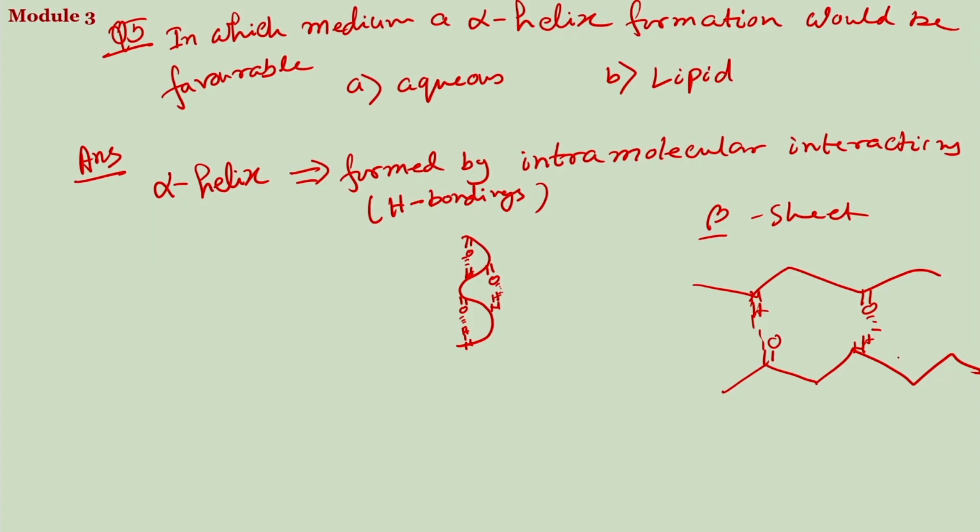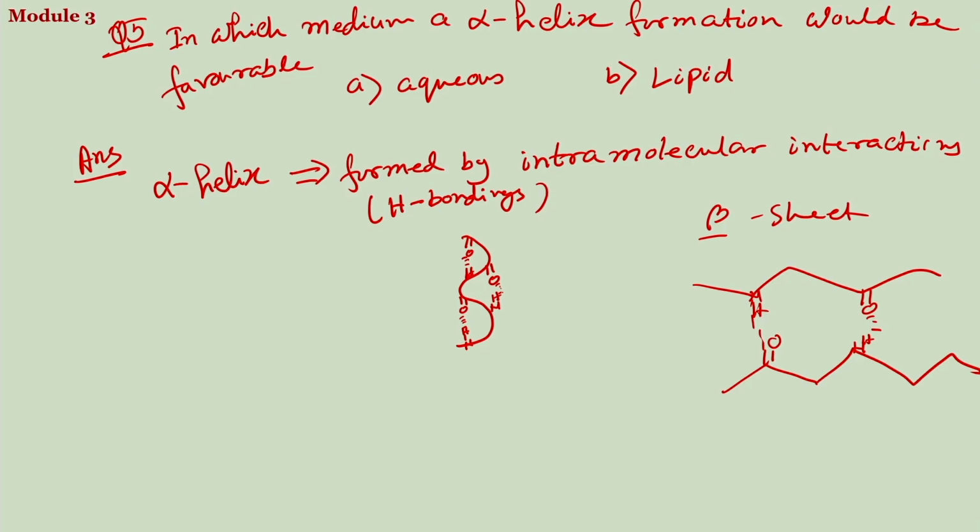On the other hand, if you put it in a lipid, lipid does not have water, lipid is hydrophobic. So, the polar groups would want to hide away from the surrounding medium. And how can they hide away? This is one good way, that they can have intramolecular hydrogen bonding, form a kind of bent structure which will be away from the outside environment.